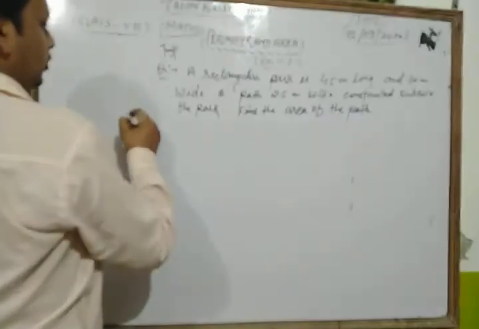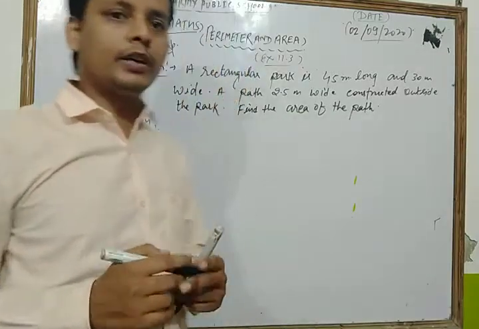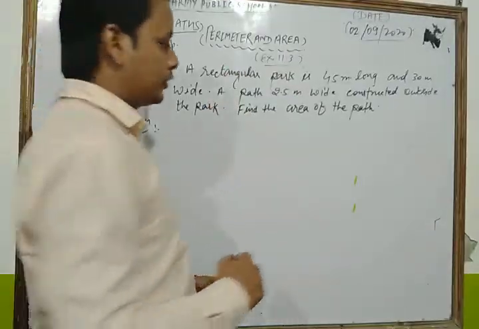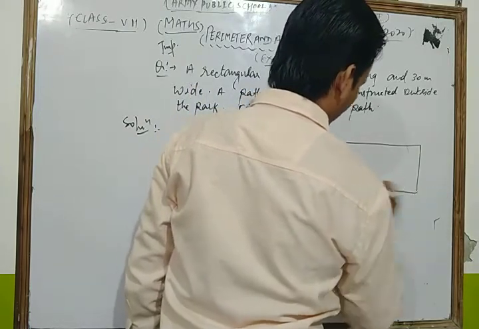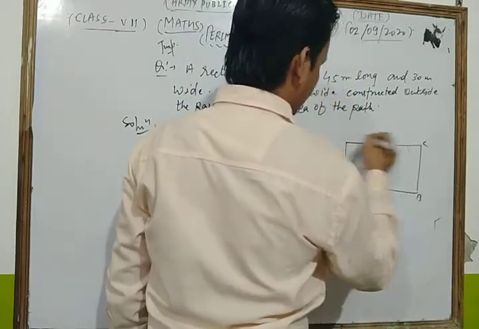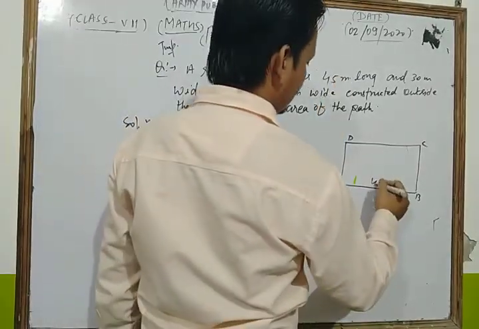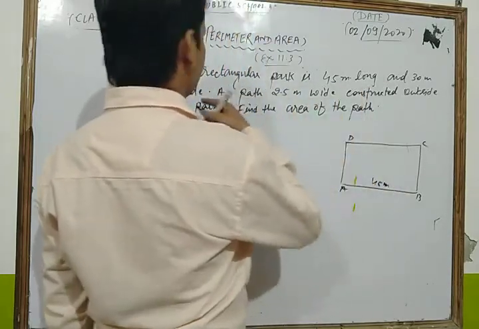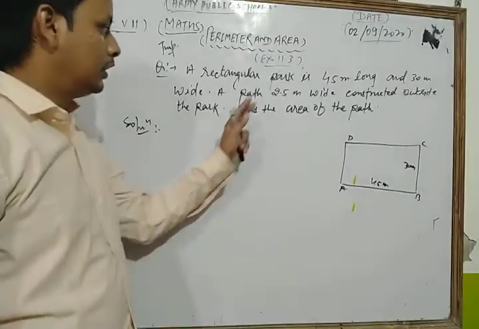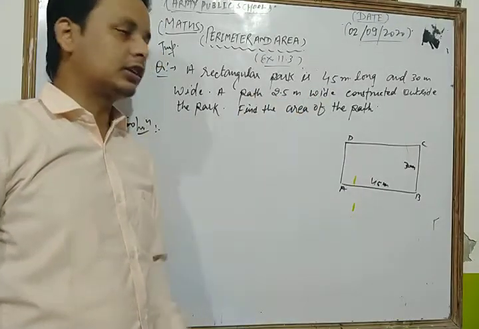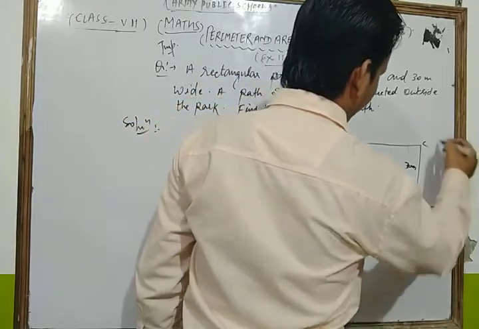This is a very important question. Now let's see its solution. First of all, you draw the diagram of the rectangular park. Suppose this is the rectangular park ABCD, whose length is 45 meter and width is 30 meter. Now a path 2.5 meter wide is constructed outside the park.